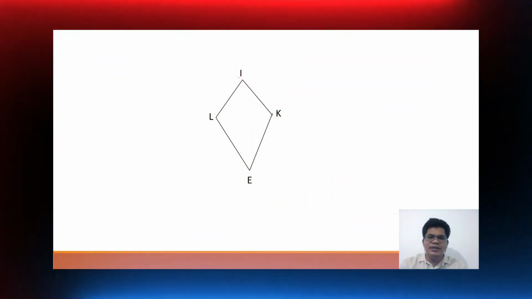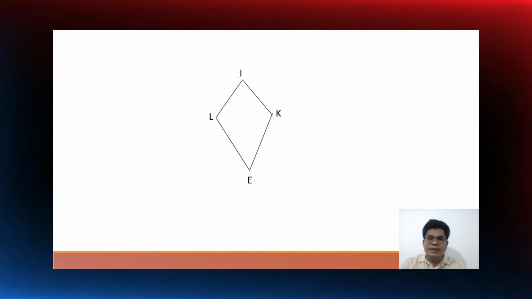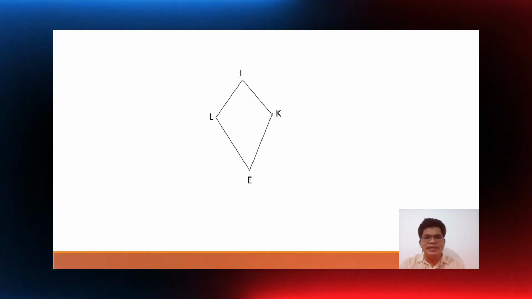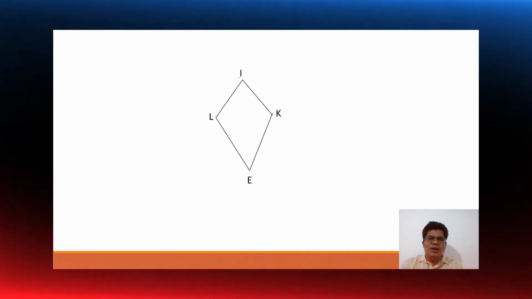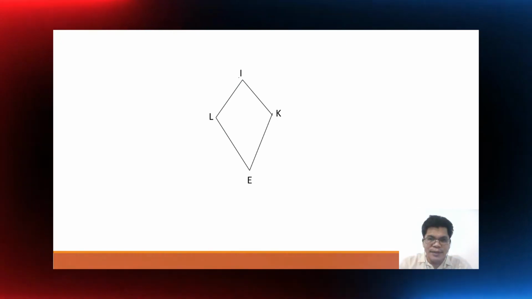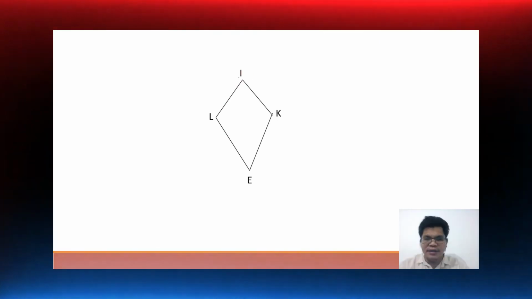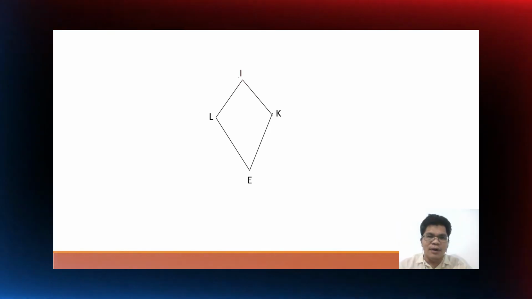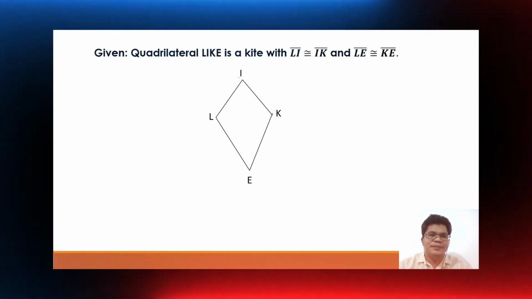So let us now proceed to example number 4. This time, we're going to use another example of a quadrilateral, which is not a parallelogram, and at the same time not a trapezoid. So this is an example of a kite.